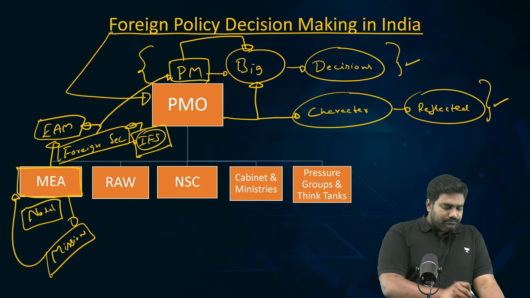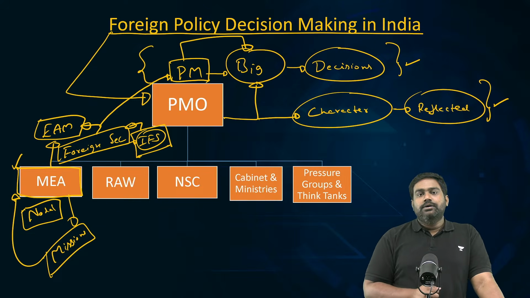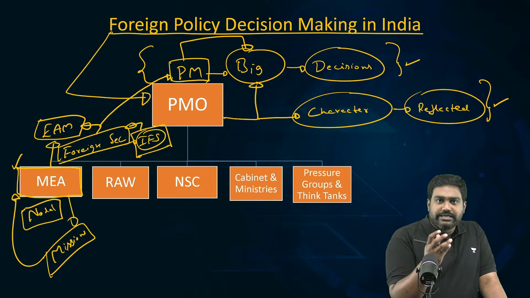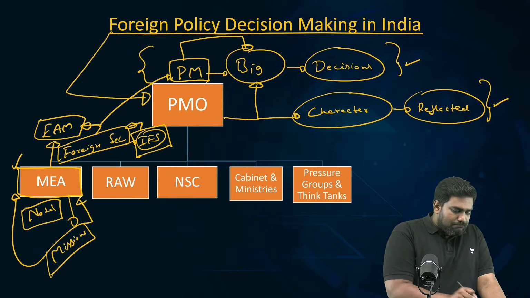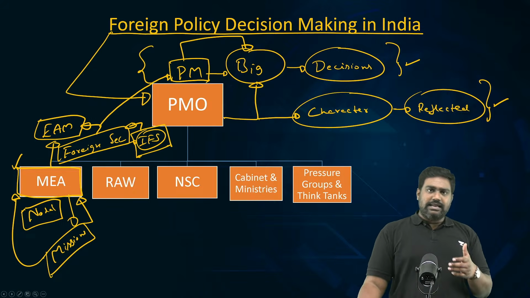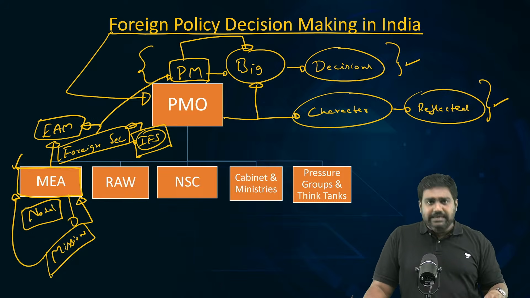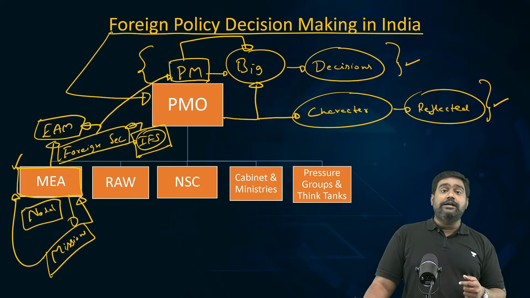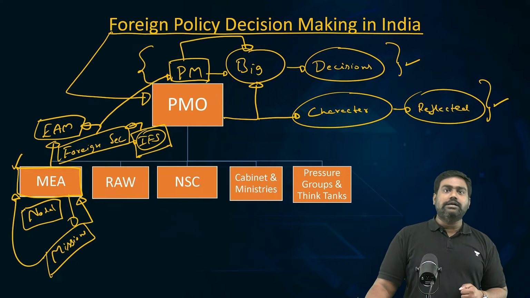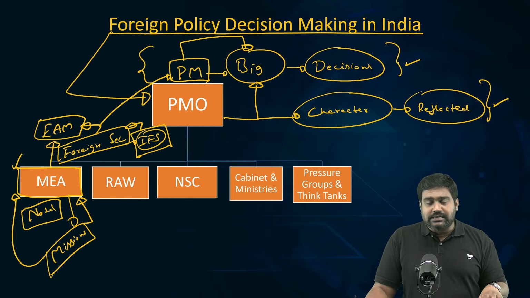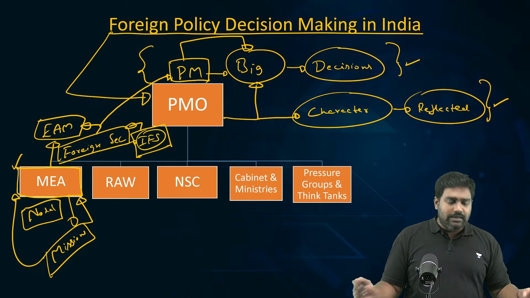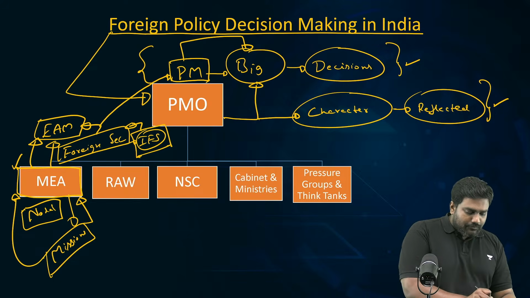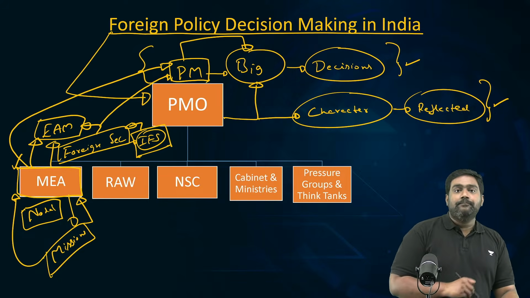In Delhi, where the MEA is headquartered, this acts as the executive organ. Here as well, MEA takes the centralized decisions, implements the foreign policy goals of India, looks after the day-to-day matters as far as foreign relations are concerned. It also collects inputs and feedback from around the world and advises the foreign minister and the prime minister accordingly.